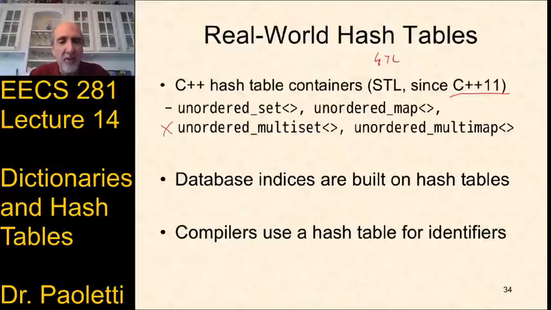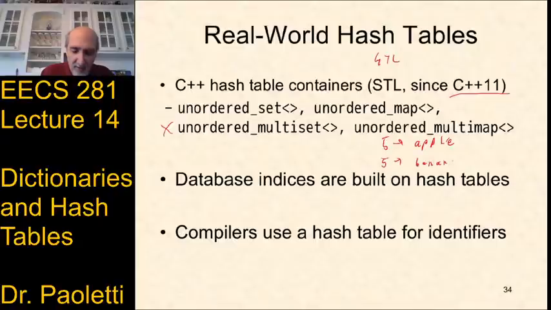With unordered multi-map, when you have duplicate keys, so I've got 5 maps to apple and 5 maps to banana, if I say, hey, let's look up the key 5 and iterate over all the values associated with 5, on one platform they get printed in this order.